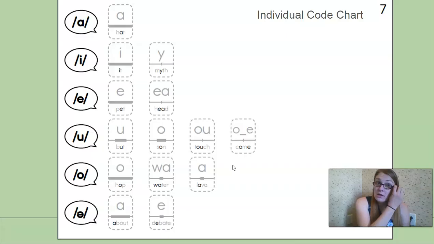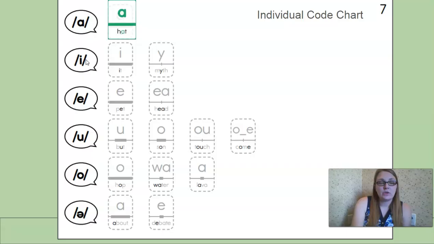Okay, now it's time for you to pull out your individual code chart and turn to page 7. If you don't have this, simply put it on a piece of paper. You can write it on your own. You will also need a green marker or crayon, something green. At the top of the page, you will see the A sound and the I sound.